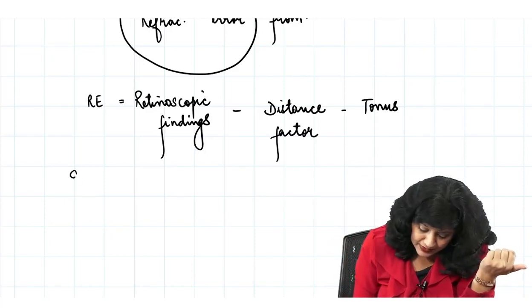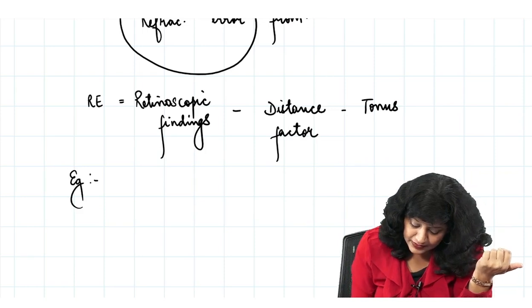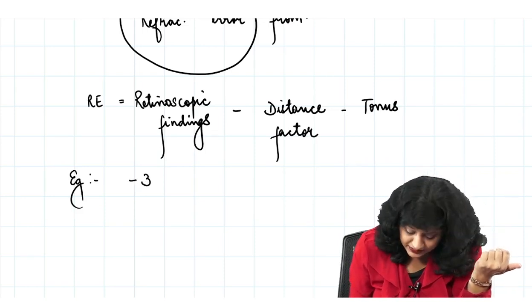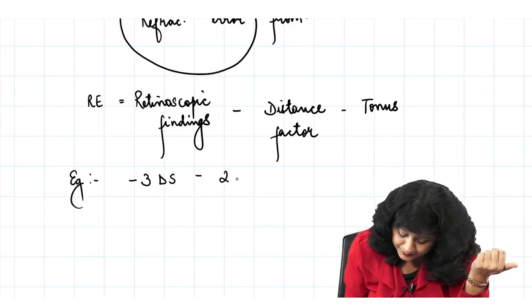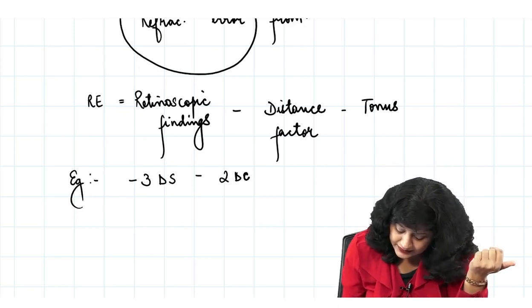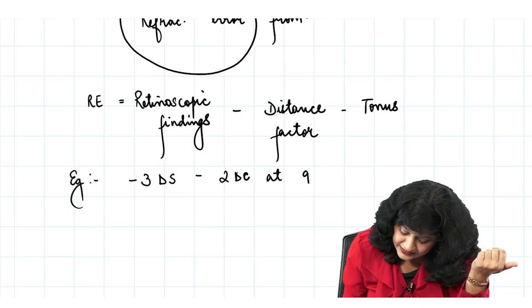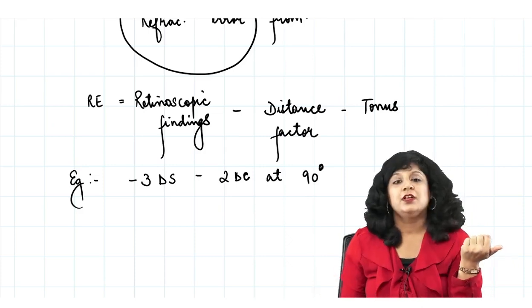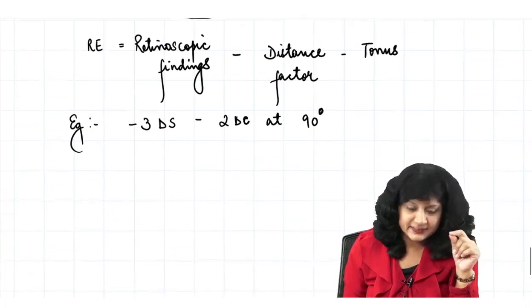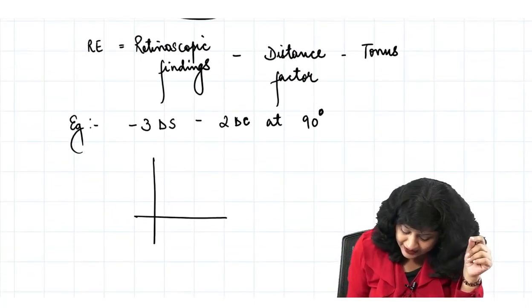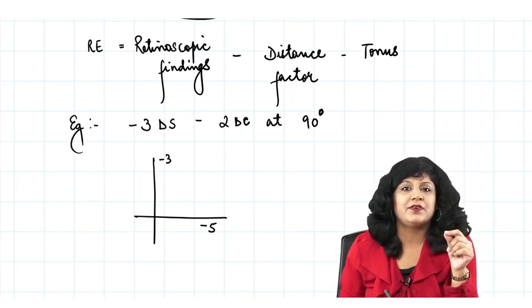For example, you had -3 diopter spherical and -2 diopter cylinder at 90 degrees. So how to get the retinoscopic findings, I told you. You had -3 here and -5 here, right?